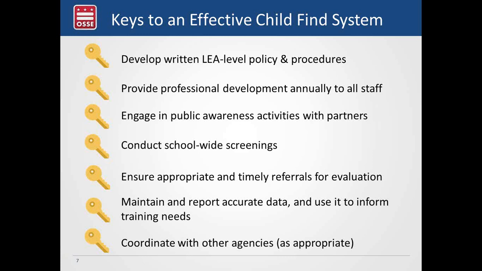In particular, parents and families, letting them know that a referral process does exist in the case that they suspect that their student has a disability. And also conducting school-wide screenings. If you do not have a good screener system in place, then you will not be as effective in identifying those students who may need to be evaluated for special education.